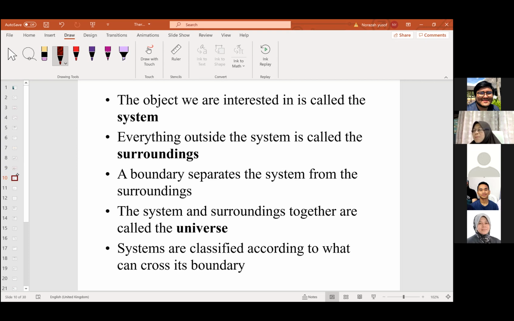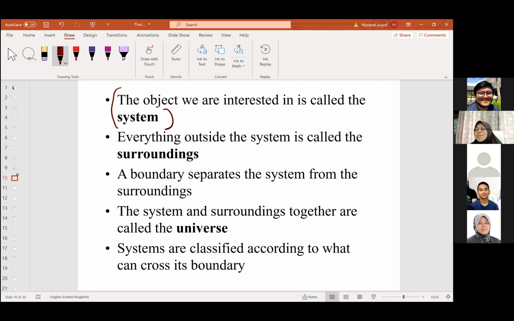Just now we learned about state functions. What is a state function, and what is not a state function? And some more terms. Just now I mentioned that let's imagine that we are the subject, the object. So we are called the system.